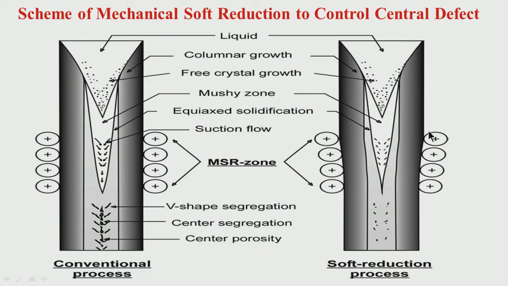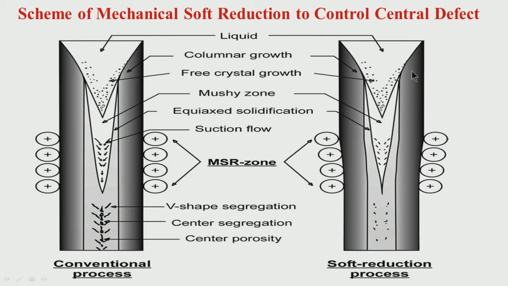Here it is normal, whatever distance was here, but slowly as you are coming down, that means you have reached the final zone of solidification, the solidification front is coming to an end, you are trying to put some pressure, that means you are reducing the thickness, and finally it is becoming a certain thickness.